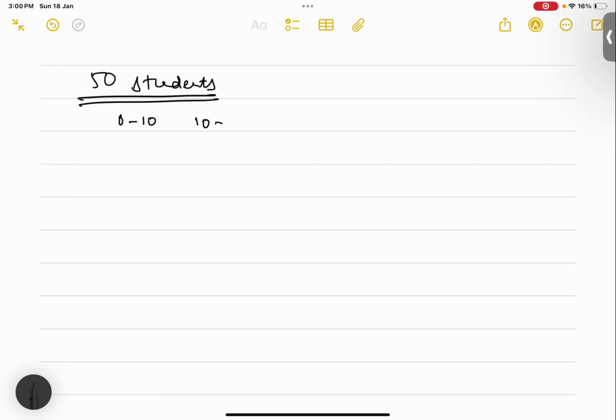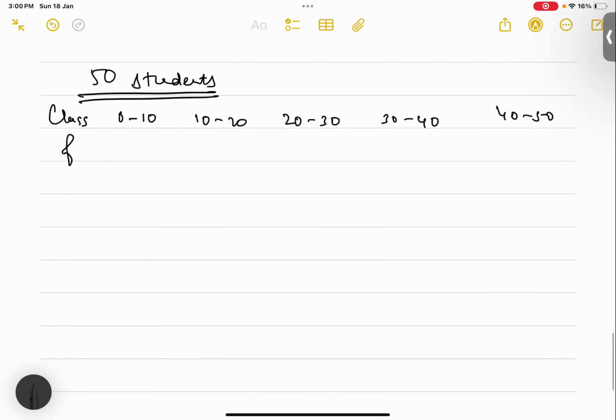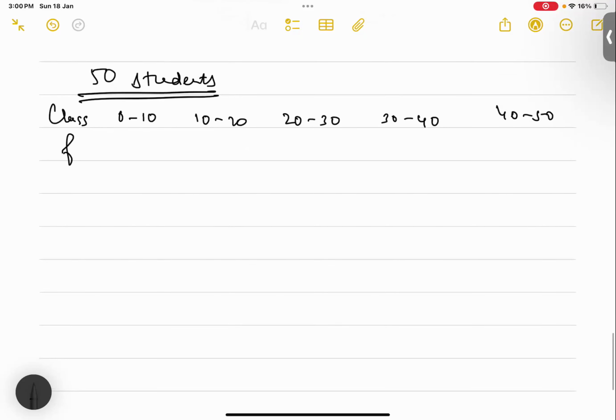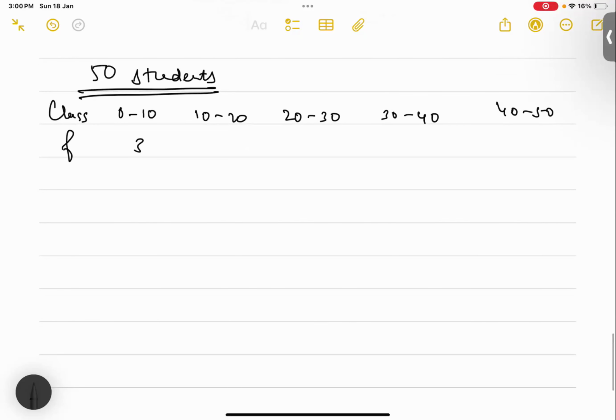So 0 to 10, 10 to 20, 20 to 30, 30 to 40, 40 to 50. This is the class and this is the frequency. Three students got marks between 0 to 10. I'm taking a 50 mark test and there are 50 students.